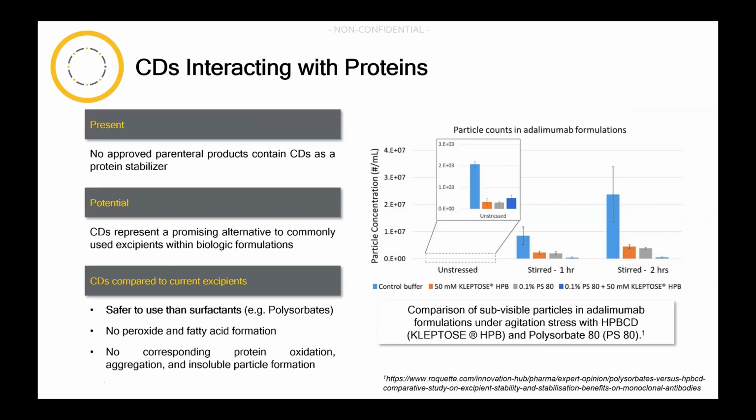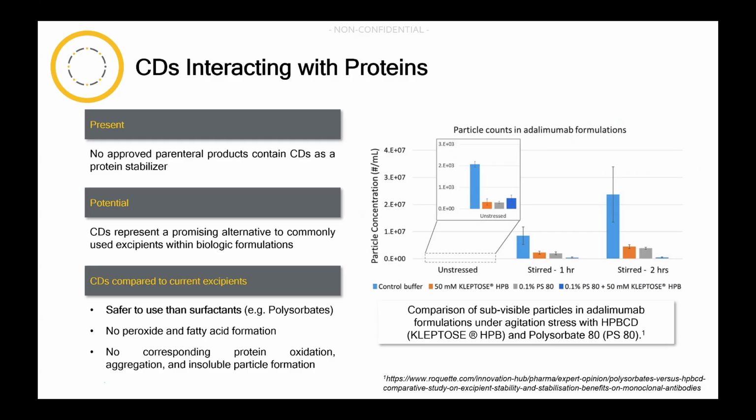Yes, still cyclodextrin interacts with proteins for sure. There are no parenteral products on the market yet, but there is a lot of information we already have, and they have potential because they have similar effects to polysorbates that are used in monoclonal antibody products, for example, and again, they can be changed for cyclodextrins.